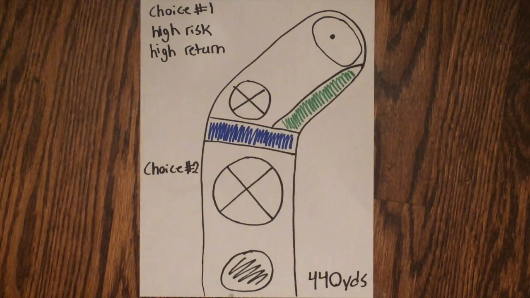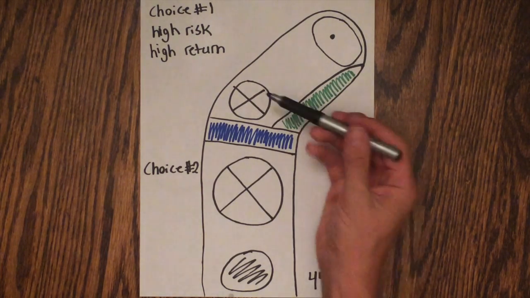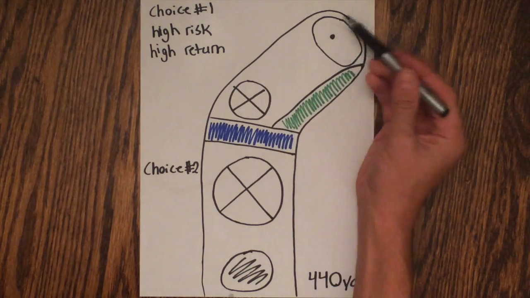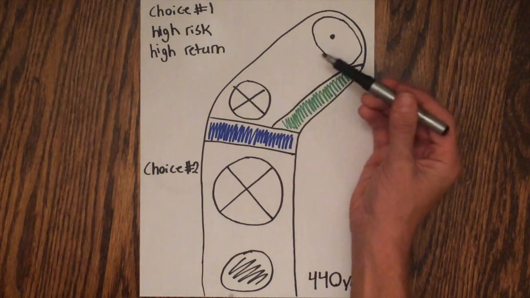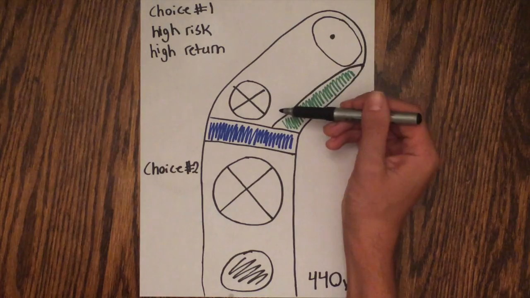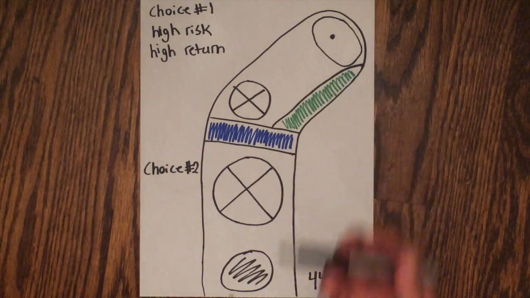High return is if a player succeeds and pulls off the risk, he or she will gain high return. So, gain a closer advantage to the hole, a shorter distance in, which leads to a greater scoring opportunity, which is a lower scoring opportunity.